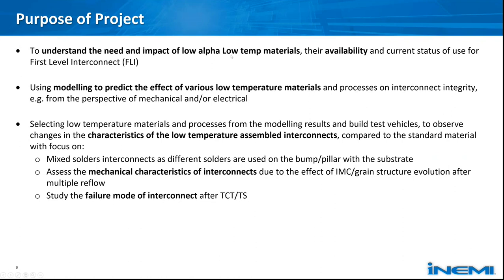The reason to look into this is that there is some literature data and past modeling that indicates a sensitivity of alpha emission from these low temp material solders towards silicon transistor performance and electrical performance. So that's one of the first purposes of this project, to study that and find out the availability of these low alpha material solders as well.